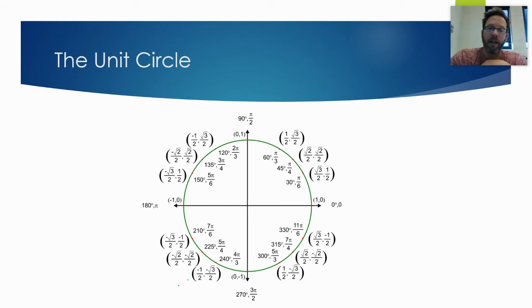This particular one has all the angles in radians too. And it has the cosine and sine for each one of these, right? Now I don't have this on your lesson sheet, but if you just Google the unit circle, you're going to get something like this, and it'd be very worth your while to either make your own or print one of these off.